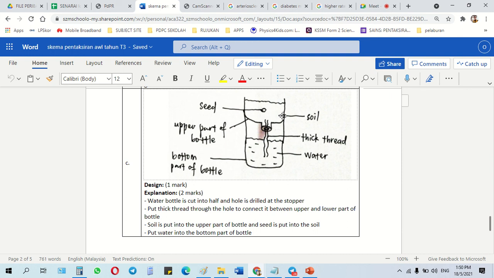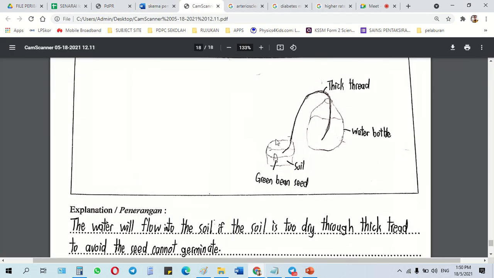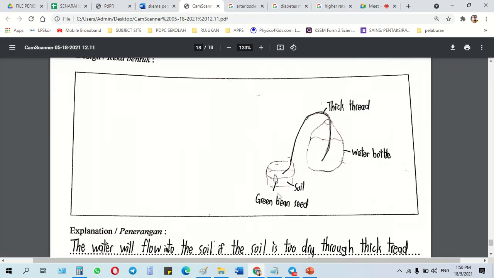So we have soil here, and then seed you letakkan dekat dalam sikit sebab dia tak perlukan sunlight pun. Okay, dia hanya perlukan dia nutrient, and then dia perlukan water. Okay, so ni bahagian upper dia, and then ni bahagian lower dia. So kan ada bottle tu tadi, bottle tu mesti cut into half. Ni tak tunjukkan macam tu lah. Green bean seed, ada soil, thread, water bottle.